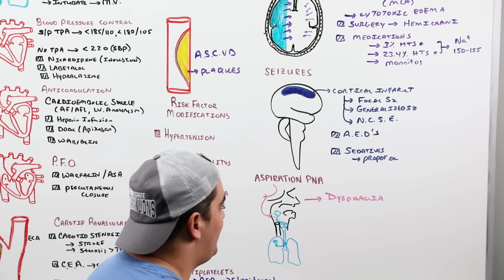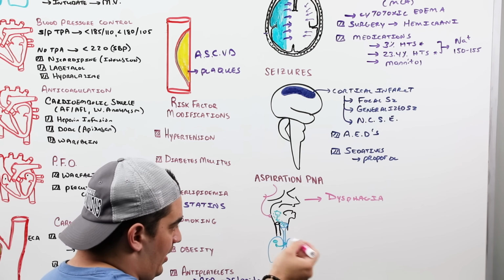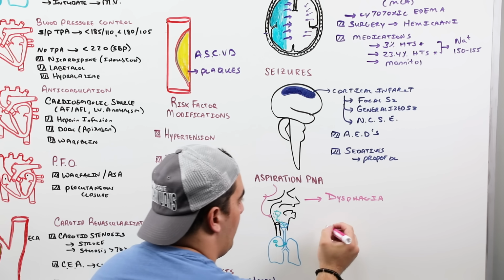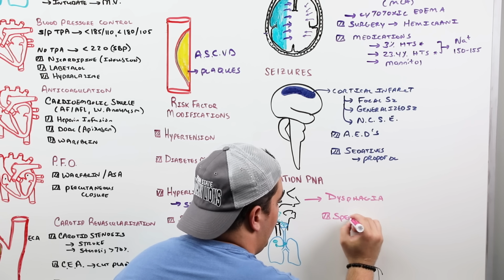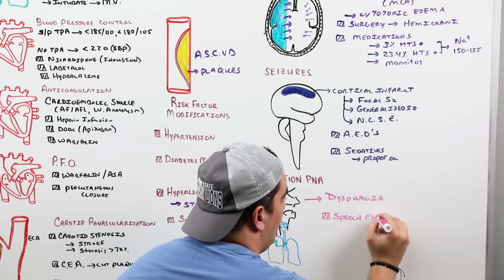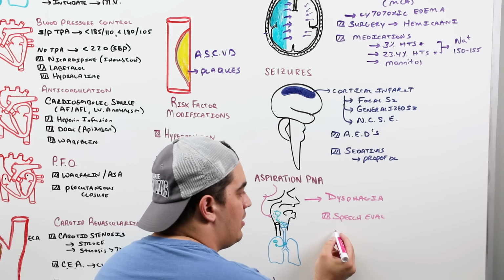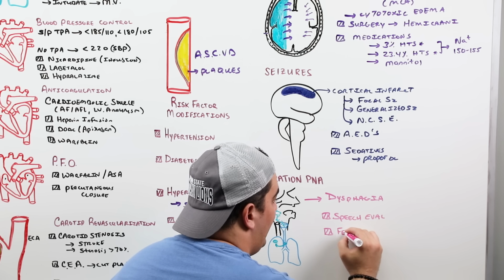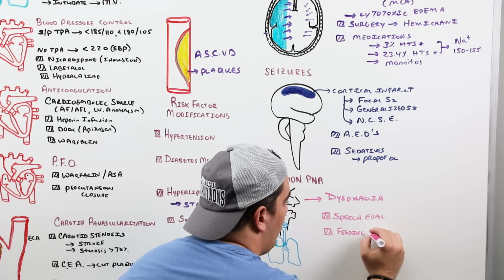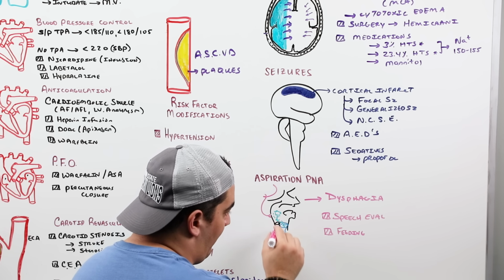So what do we do to prevent someone having dysphagia from their stroke from this kind of thing? One of the big things to do is to get what's called a speech evaluation to make sure that they actually have the ability to swallow. If they don't pass their speech evaluation, they maybe need a feeding tube so that you can feed them another way that bypasses this kind of event happening.